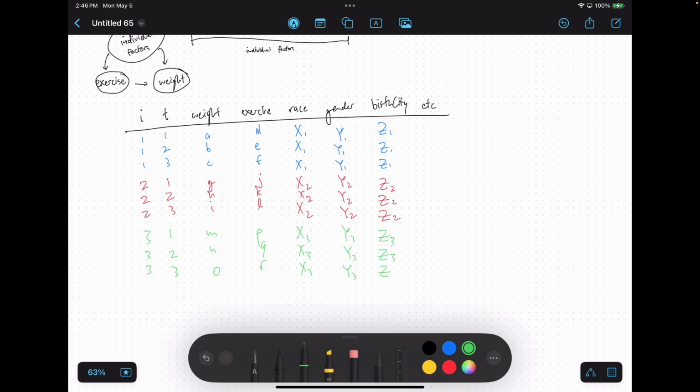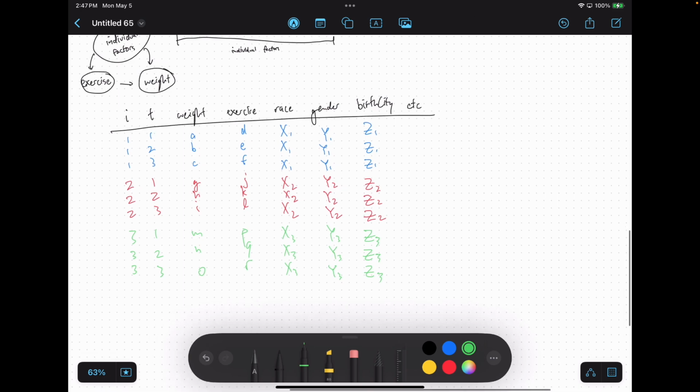Okay, so you get the point here. Okay, so what do you guys notice about this data? Anything interesting? It all looks constant besides exercise. Yeah, that's right.